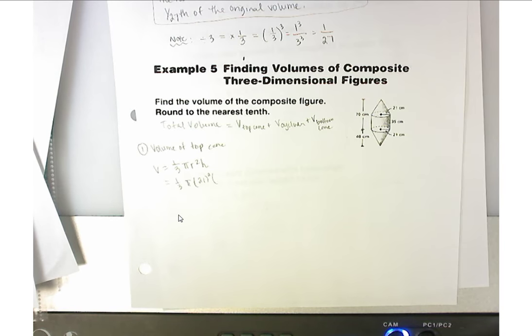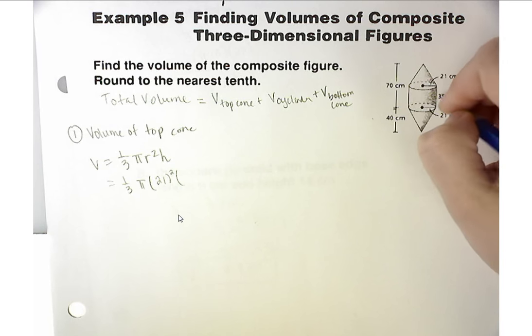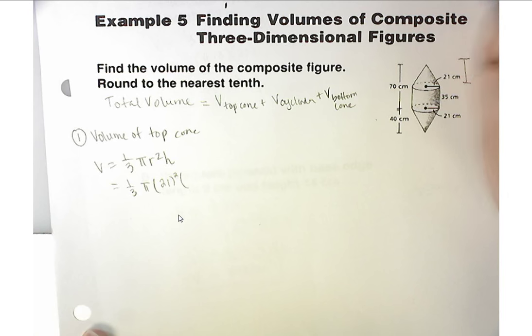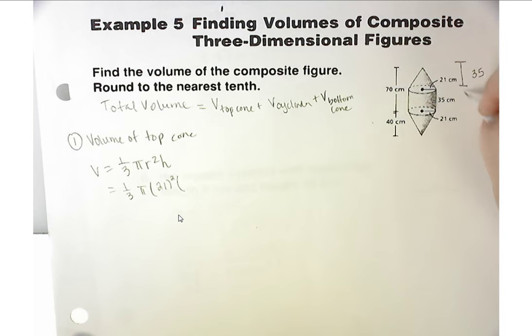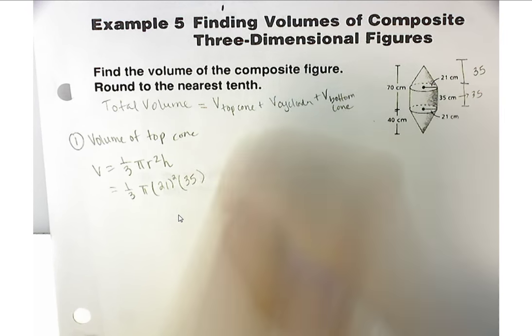Do you guys have any ideas on how we can find that? Okay, so you can see the height of the cylinder is 35. So if you do 70 minus 35, what do you get? 35. So from here to here is going to be 35, and then this is already labeled as 35.